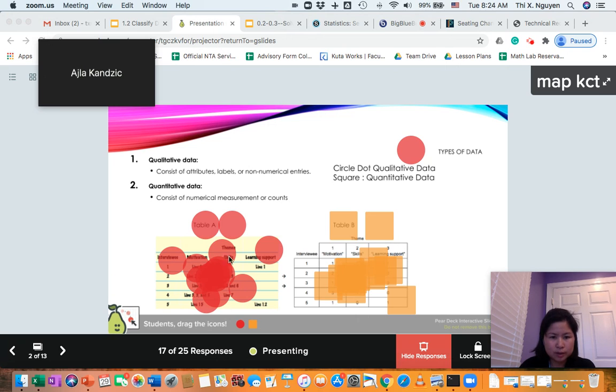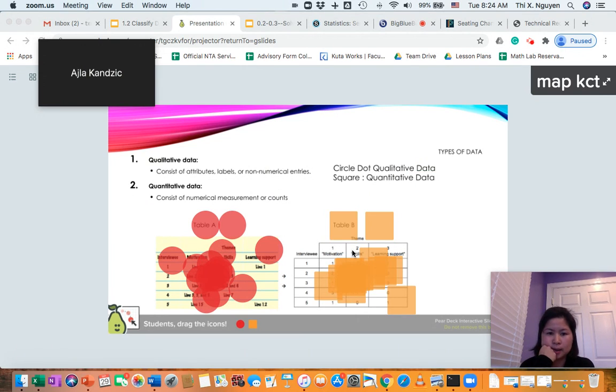All right, so look over here. Oh, okay, I thought I saw one circle in here, but no, you already moved it. So this is correct. The circle over here, they just give you a list of things. Even though I have numbers, right, I said there's 1, there's 12, it's just a list of items, just a name of something.